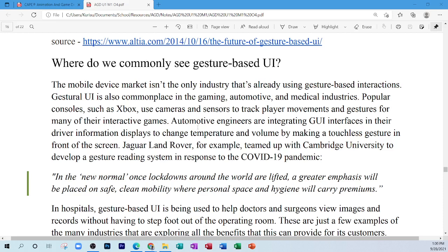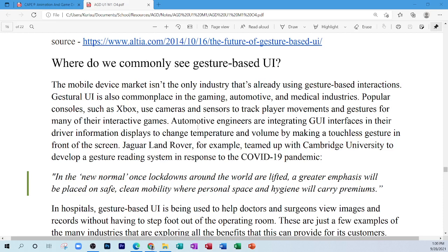Popular consoles such as Xbox use cameras and sensors to track player movements and gestures for many of their interactive games. Automotive engineers are integrating GUI interfaces in their driver information displays to change temperature and volume by making a touchless gesture in front of the screen.